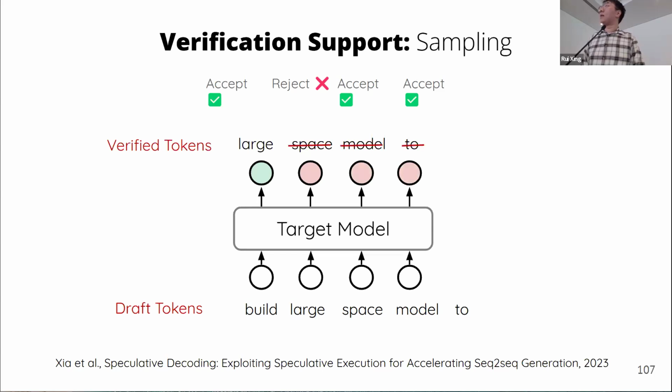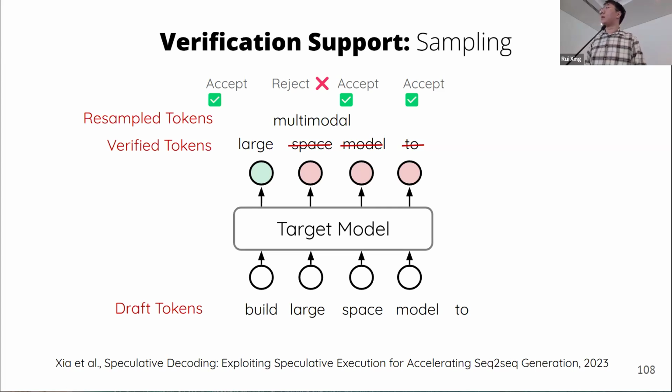Here we can see the first valid verified token is "large." Even though the last two tokens can be accepted, because the previous token "space" cannot be accepted, these two tokens are also dropped because we use autoregressive decoding. And then the model can also resample a token like "multimodal."